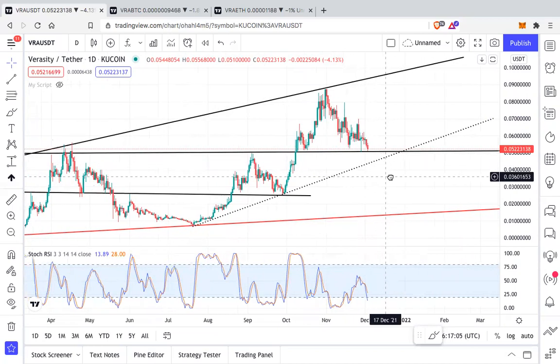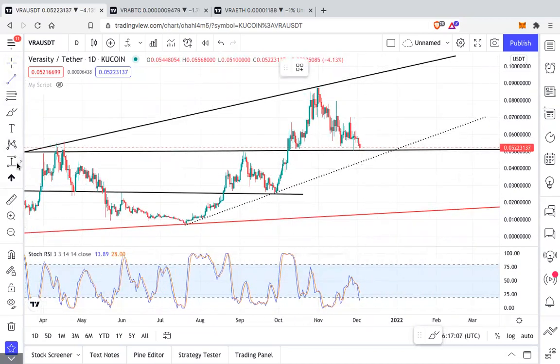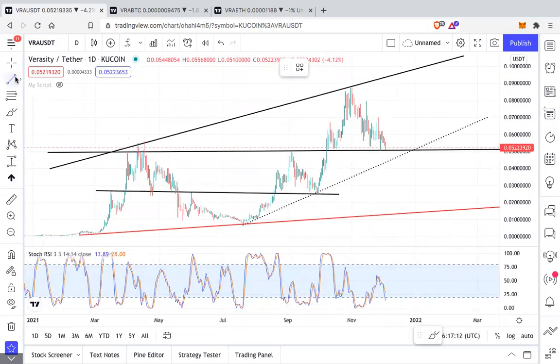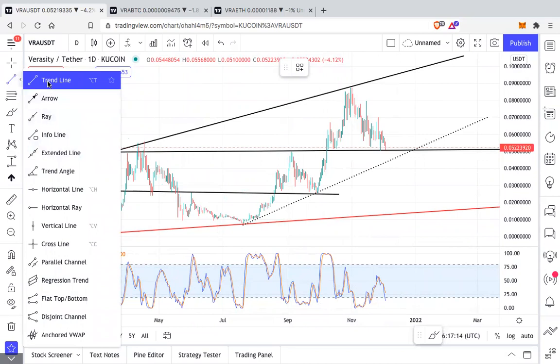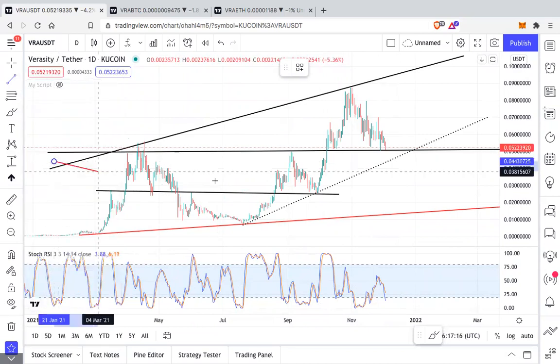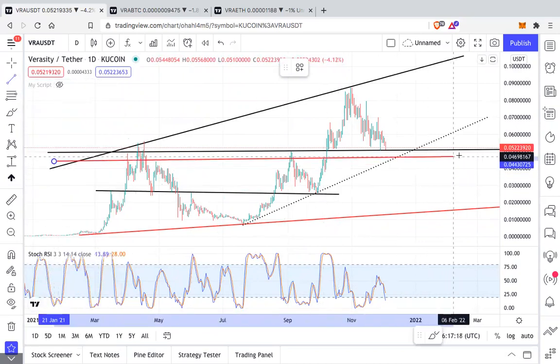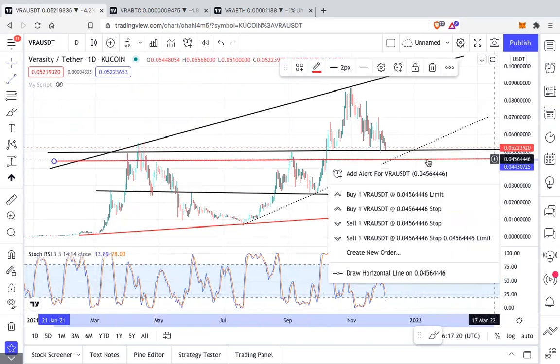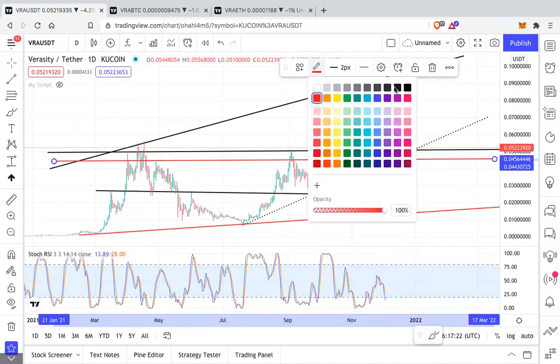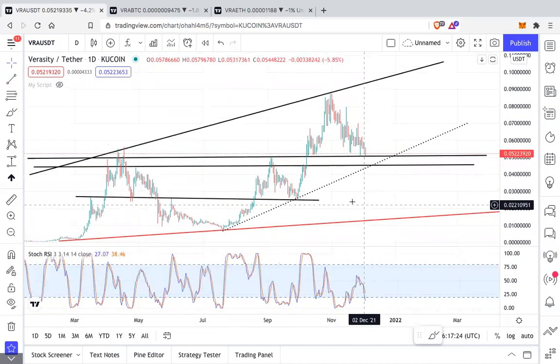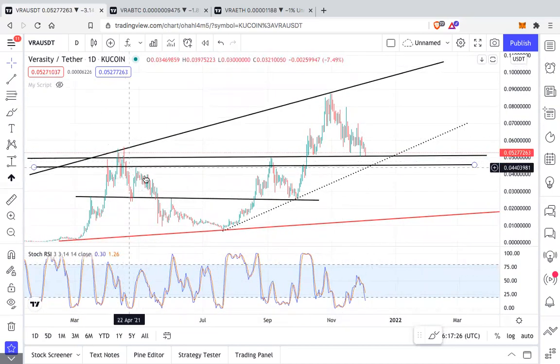Also, then it won't be panic. This entire zone can be a bounce, a flipping of previous resistance into support. This entire zone was a previous resistance.